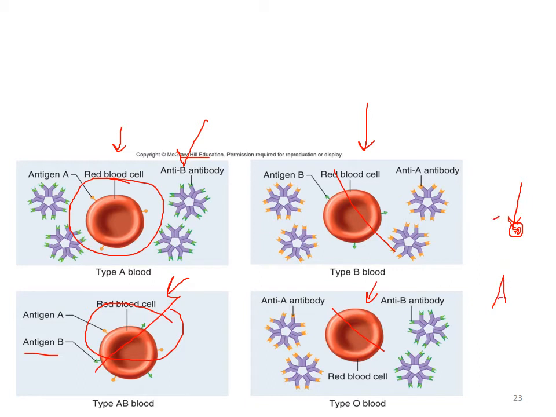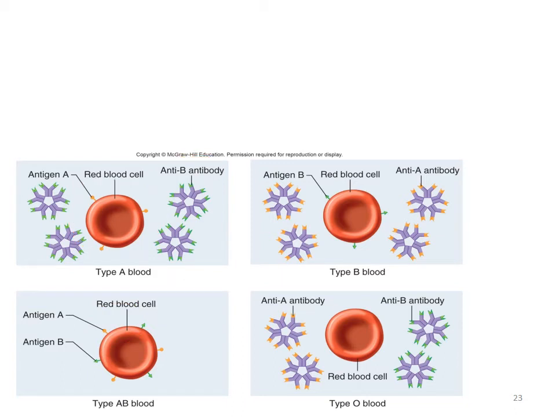Now the last thing I'm going to look at is the recipients and donors one more time. If I am looking for a donor, I'd always try to draw my D's this way. If I'm type A and I want to find out who I can donate to, this is the blood that I'm trying to put into other people's bodies, and it has an antigen A on it.